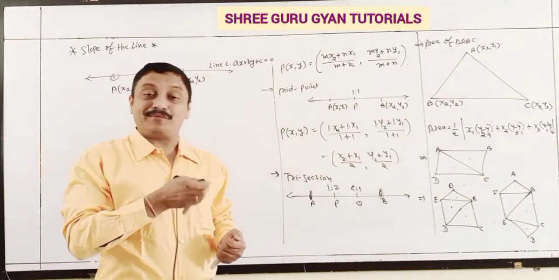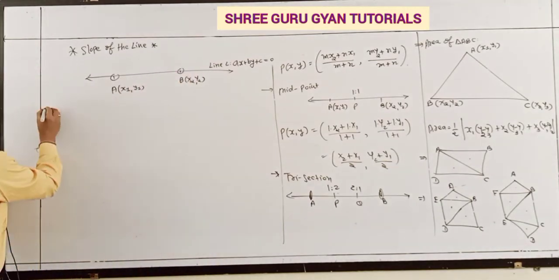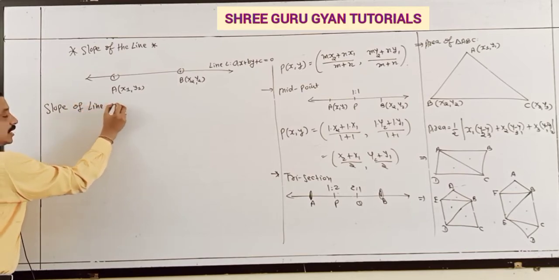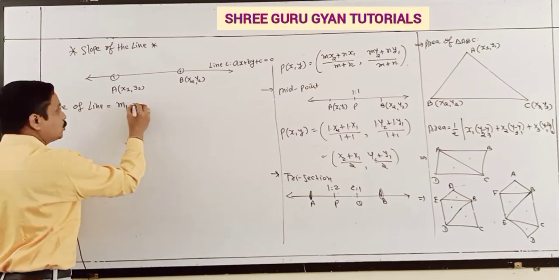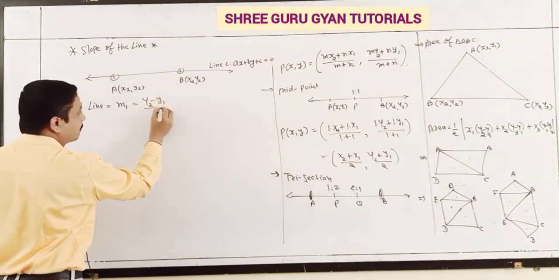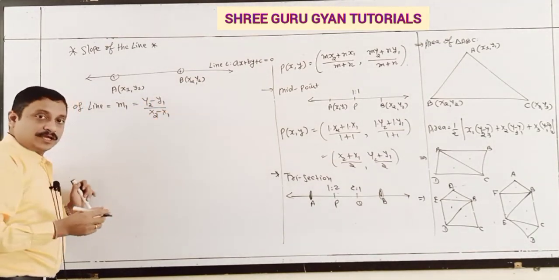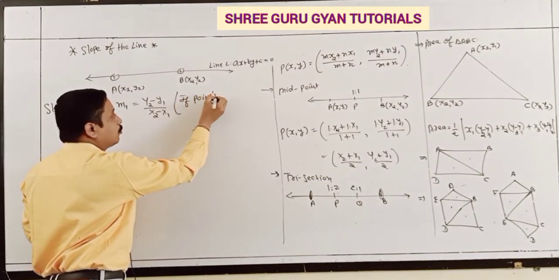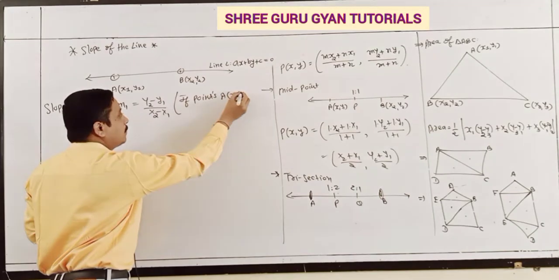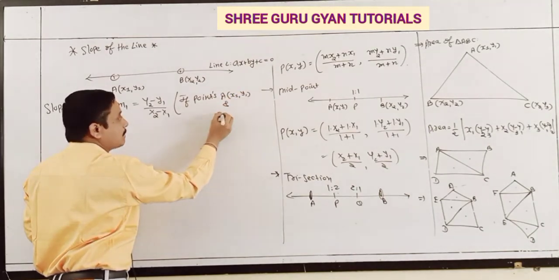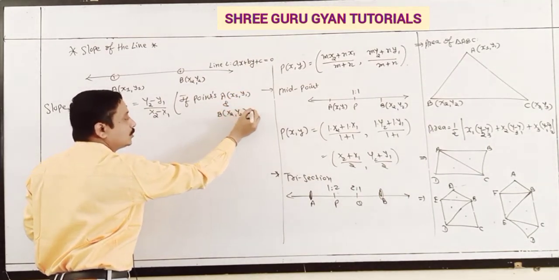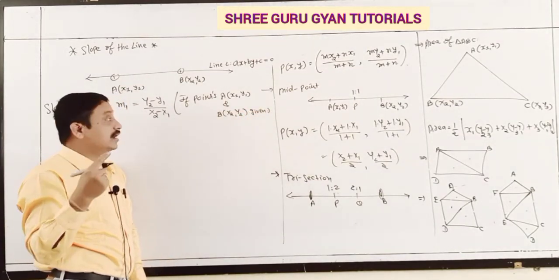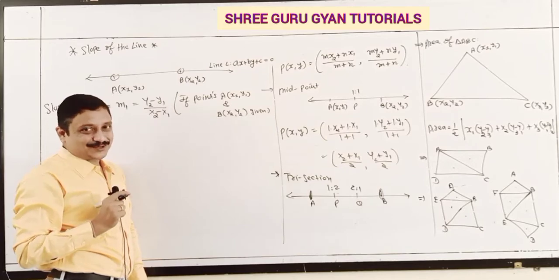Yes, so my first formula is slope of line, indicated by m, (y2 minus y1) by (x2 minus x1), if points A (x1, y1) and B (x2, y2) are given. You must learn by heart this slope formula, (y2 minus y1) by (x2 minus x1).